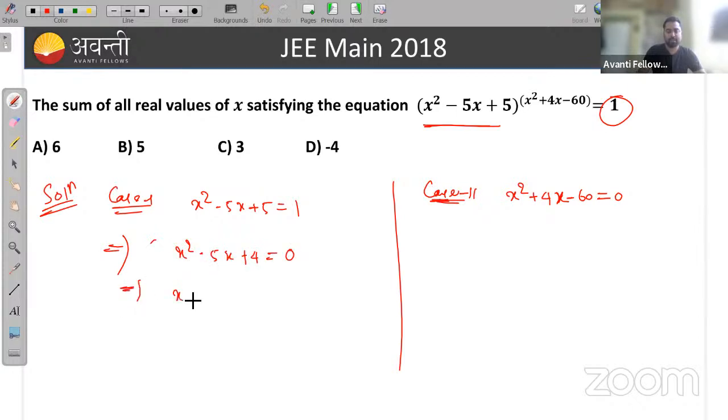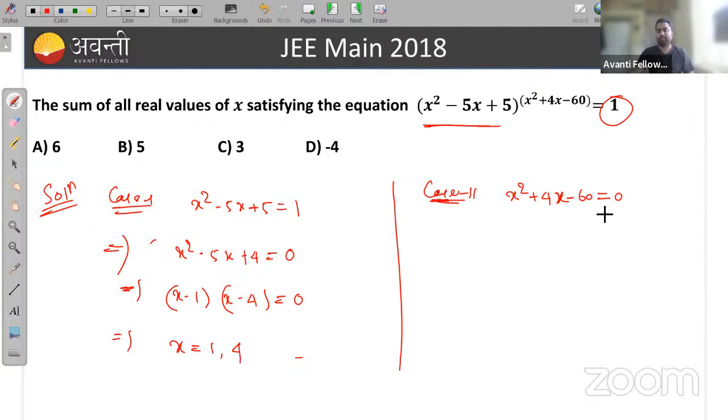Then this becomes x minus 1 into x minus 4 is equal to 0. We need equal to 0, so we don't need the Webber method here. So x gives 1 and 4.